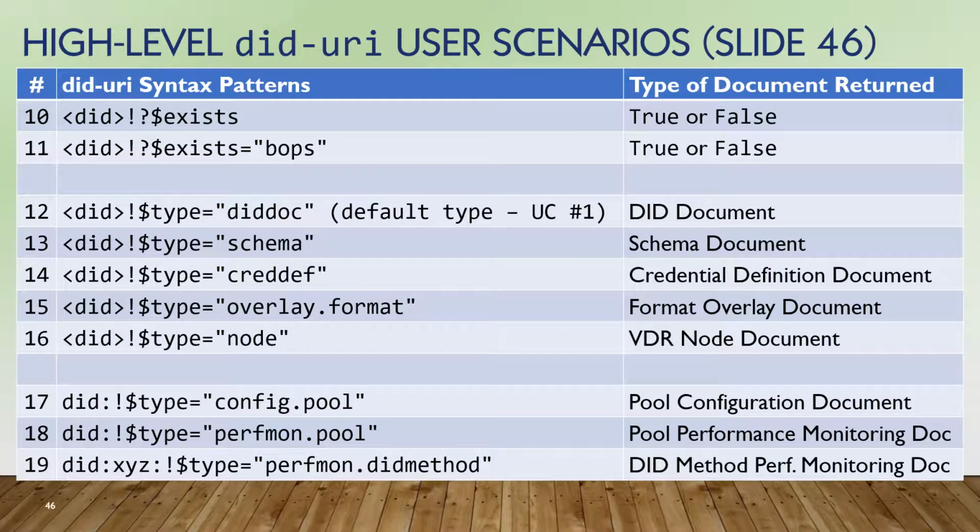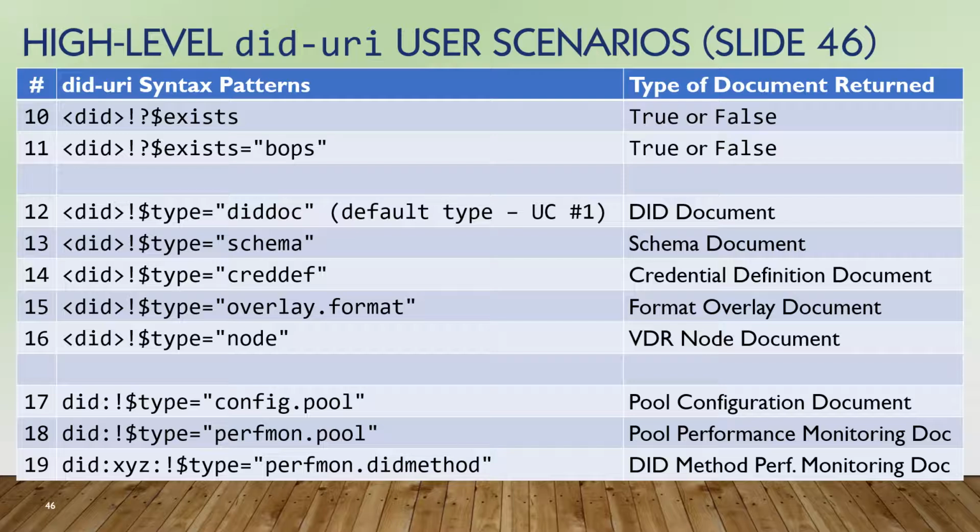Here, the second and last page. Here we're going to take a DID and pipe it through $exists. So this says, for this DID, find out if it exists. It doesn't say how.